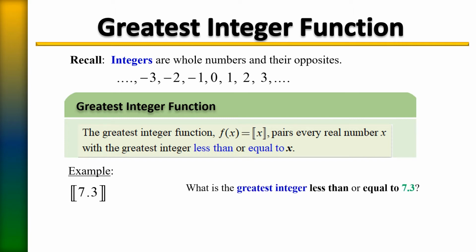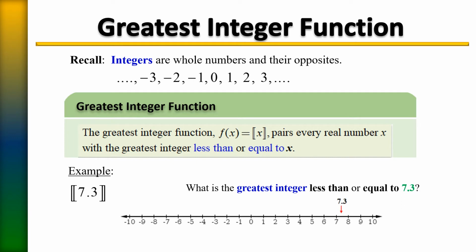So let's take a look at the number line, because we want to find what is the greatest integer that's less than or equal to 7.3. On the number line, 7.3 is going to be between 7 and 8. The number that is less than would be to the left of that, not to the right. So be careful, we're not rounding up, but instead you're going to have to round down.